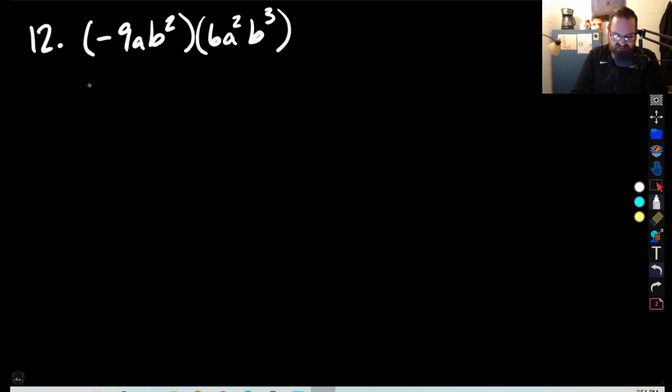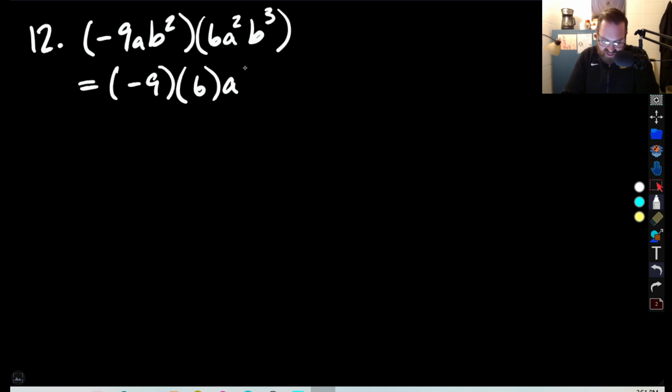And so I can do the exact same thing. Minus 9 times 6. And I can write out my a's: a times a squared times b squared times b cubed. And now my 9 and my 6, I multiply those and slap a minus in front. So I believe that's 54, minus 54.